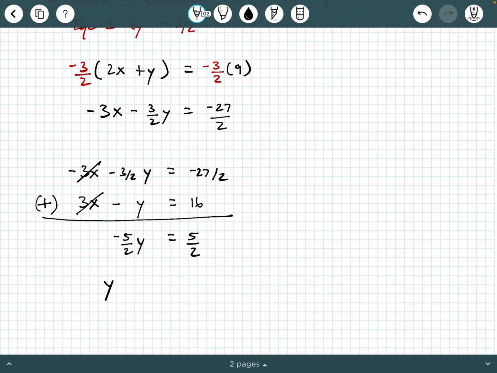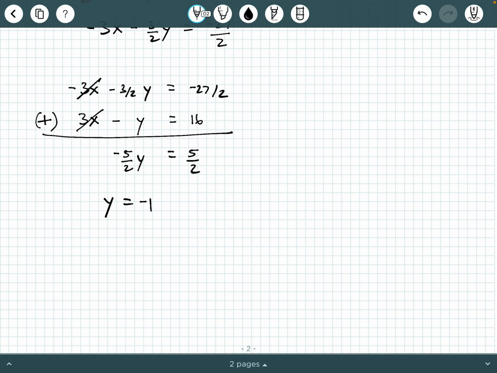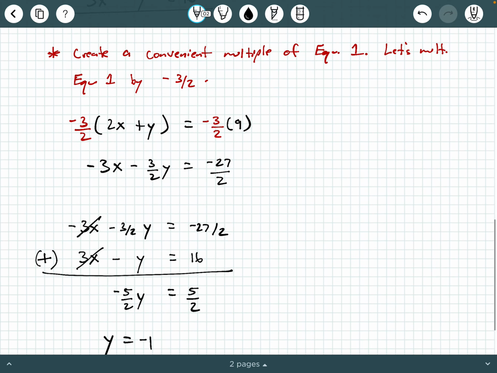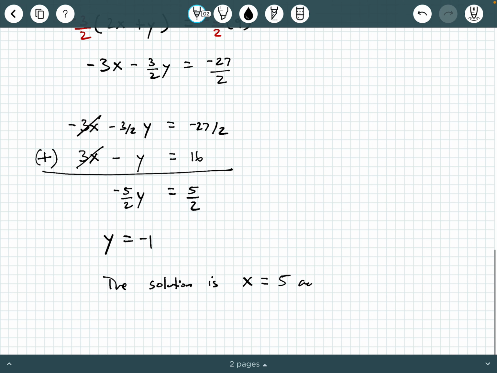And then suddenly I have the solution y equals negative 1, of course, because the negative 5/2 cancels with a positive 5/2, and you're left with y equals negative 1. So the solution to the system is the following. The solution is x equals, what did we get for x? Already forgot, 5. x equals 5 and y equals negative 1.